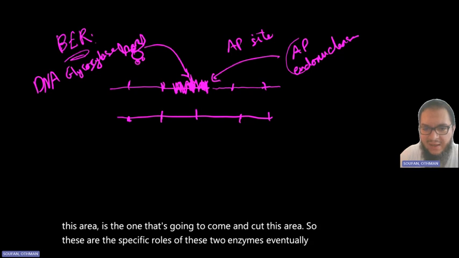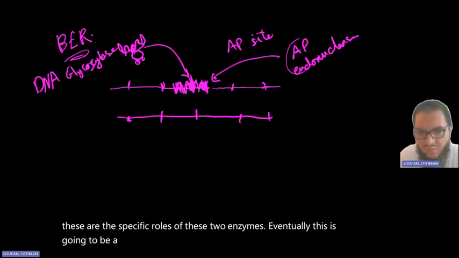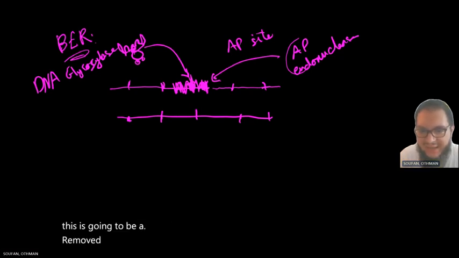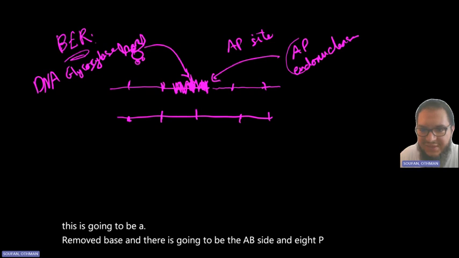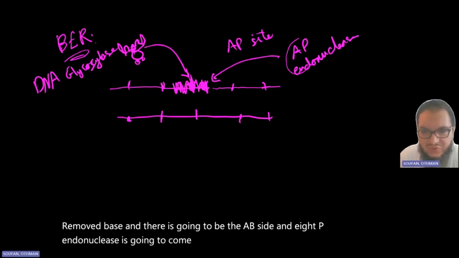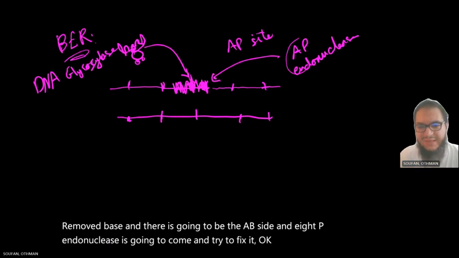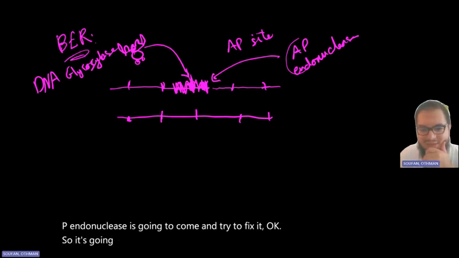Eventually, there is going to be a removed base and an AP site, and AP endonuclease is going to come and try to fix it. So it's going to recognize the AP site and make a cut in the DNA.